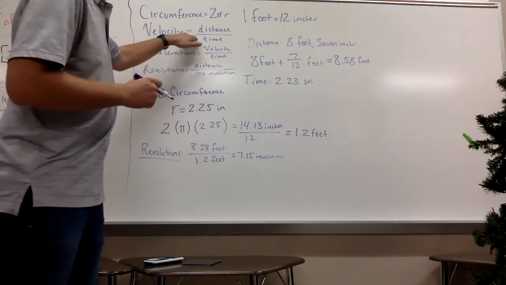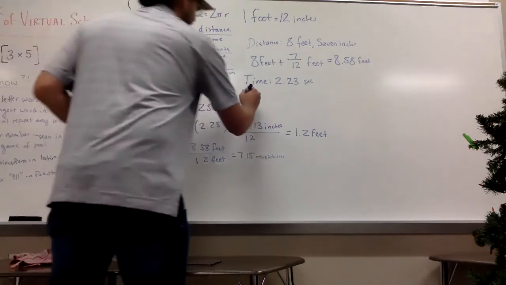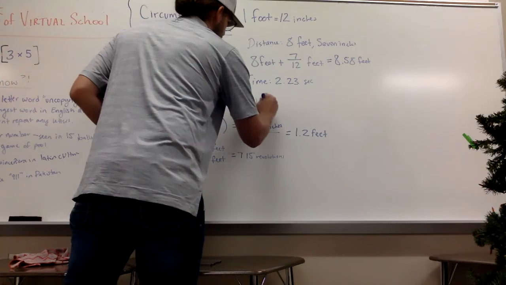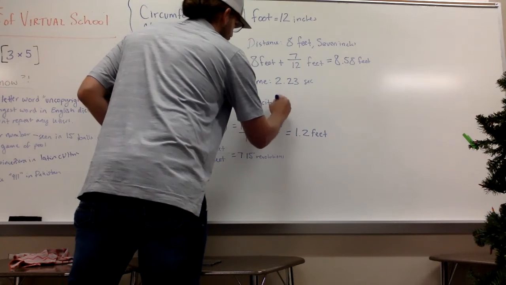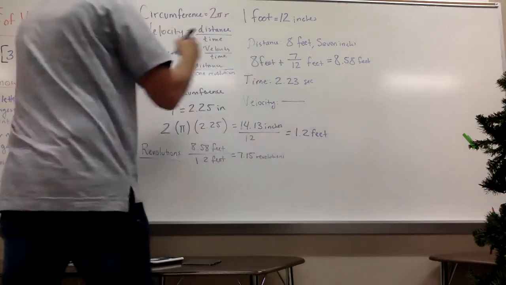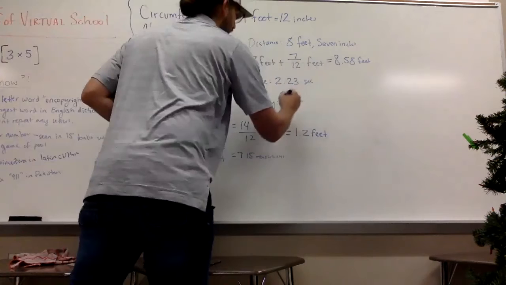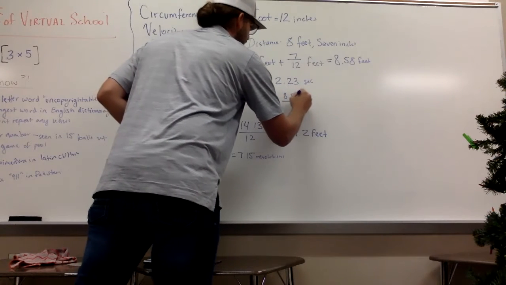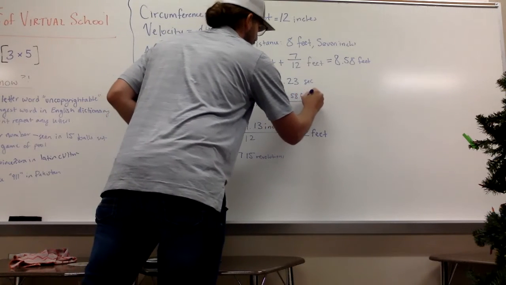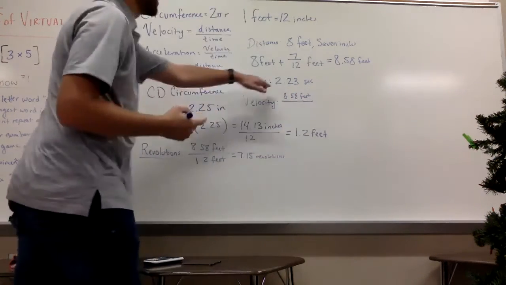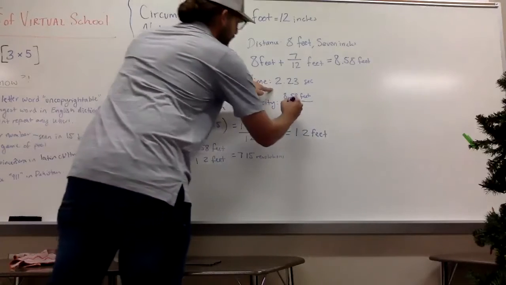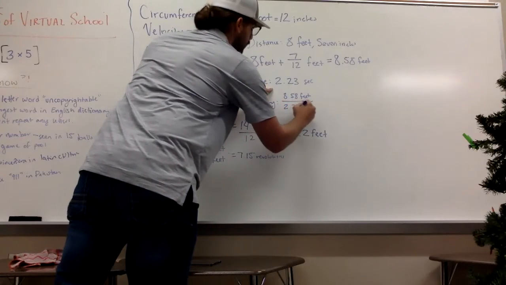I can go ahead and calculate velocity, which is equal to distance, 8.58 feet, divided by time, 2.23 seconds.